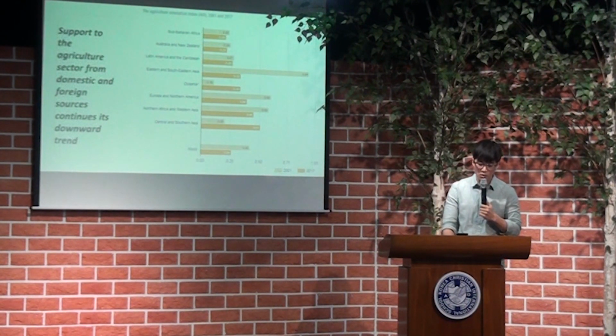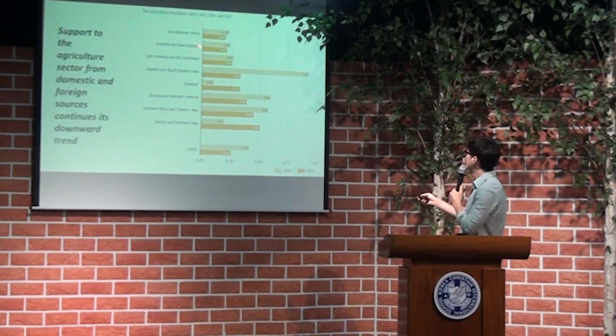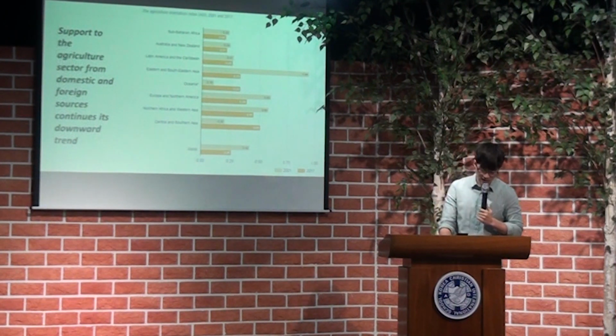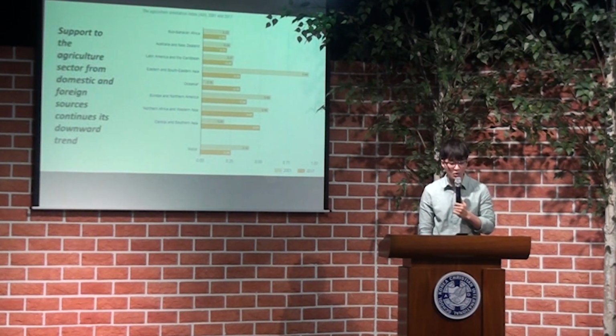At the global level, the Agricultural Orientation Index, known as the AOI, shows you the share of government expenditure to agriculture divided by the share of GDP from agriculture.